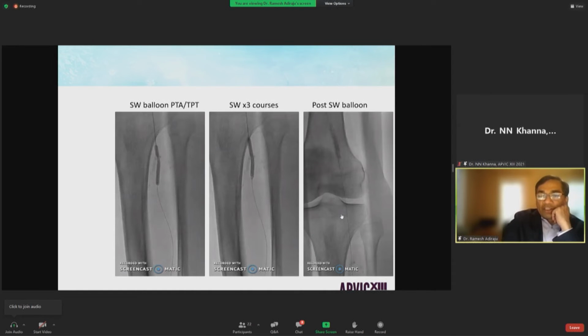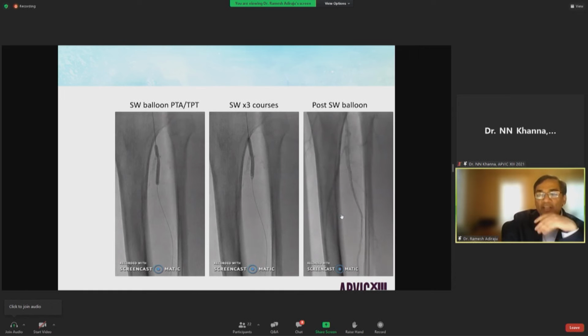We then did shockwave treatment of that. As you can see, the initial treatment leaves a residual stenosis, which then opens up nicely. Here's the final angiogram. It's a little bit of delay there.